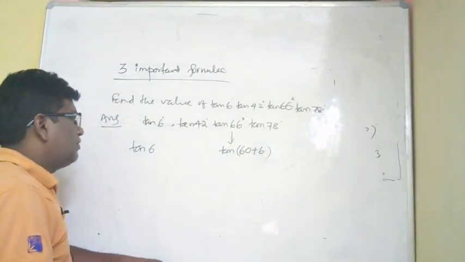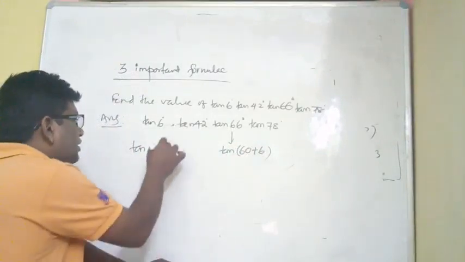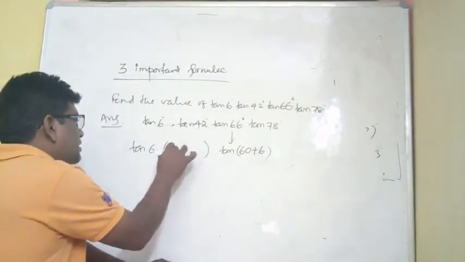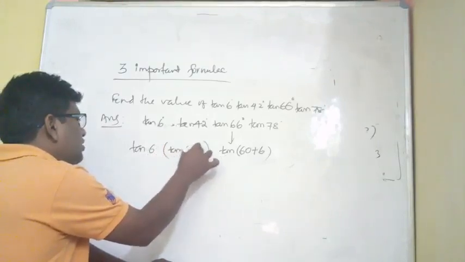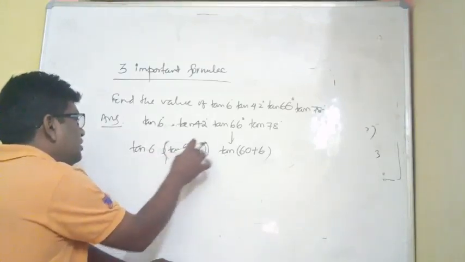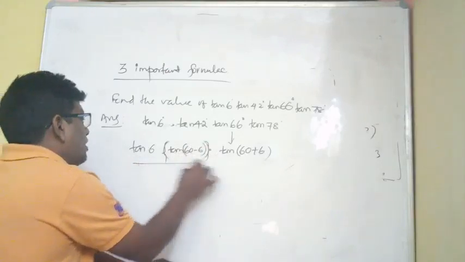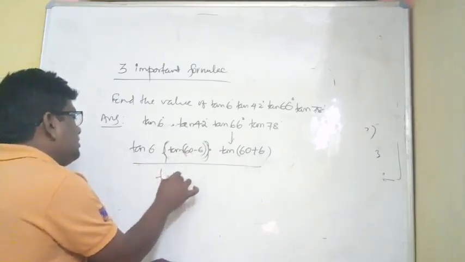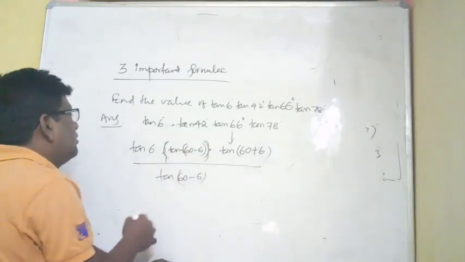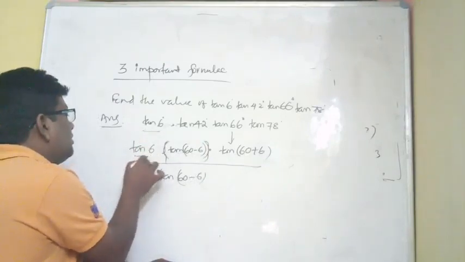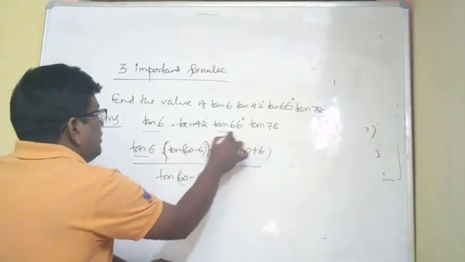What is required here? It is tan(60° − 6°) that is required. So divide by tan(60° − 6°). So this is written here and this is written here.